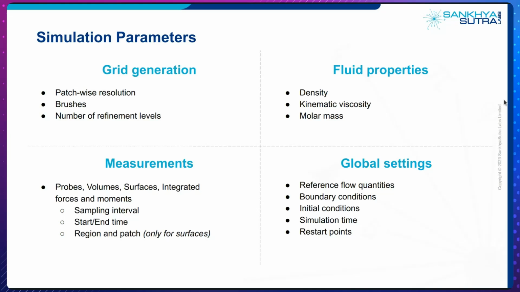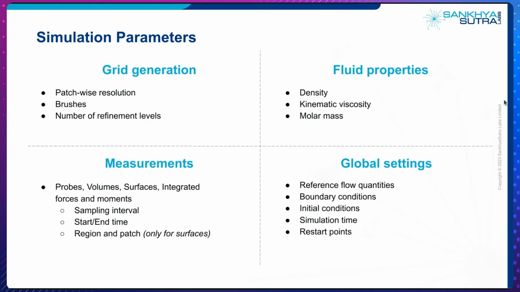And basically, to complete the grid, you can say that you want to coarsen out the grid using a certain number of levels. And since it's an octree mesh, each level will be composed of cell sizes that grow by a factor of 2. So if, let's say, you have a 1 millimeter resolution on one of your patches and you want to have 5 levels, then your coarsest level will have a cell size of 1 millimeter times 2 to the power 4.